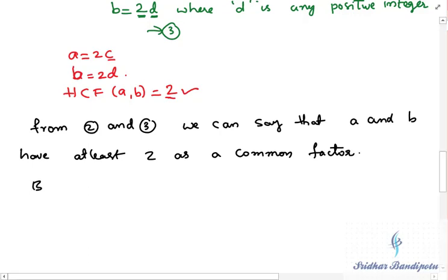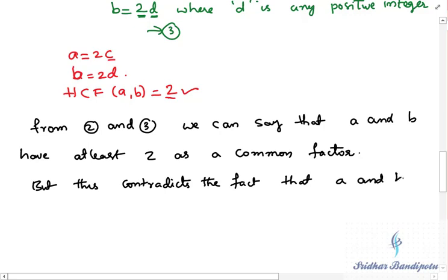But this contradicts the fact that A and B have no common factor other than 1.